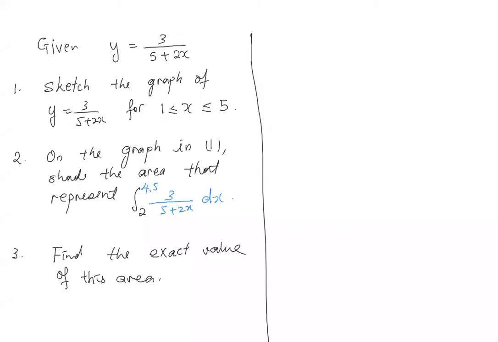Okay, so when you sketch the graph, you know already. Everyone should know how to sketch your graph. You go to window, you set. So you start from 1. When x equal to 1, y equal to 3/7. Then it goes down.